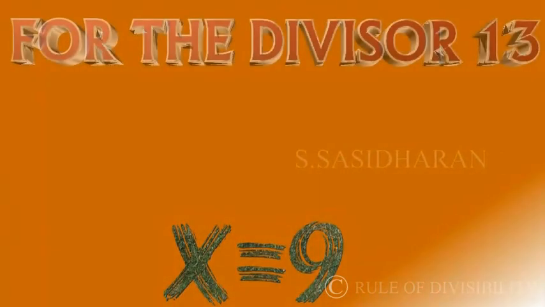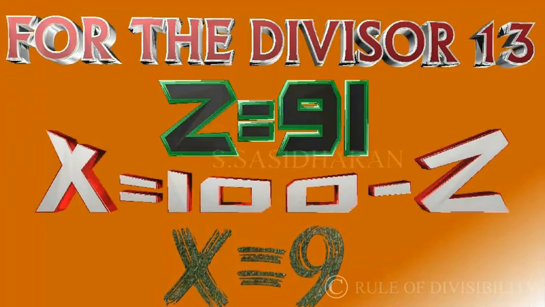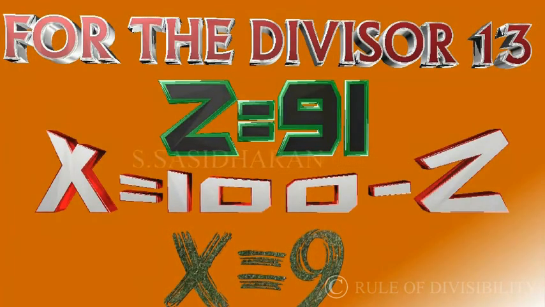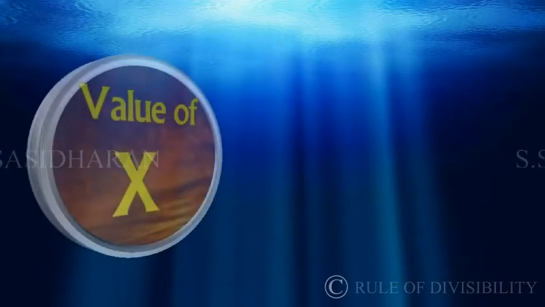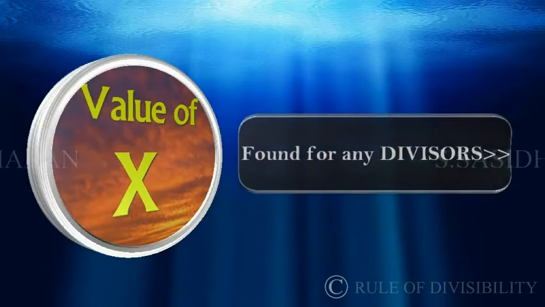And for the divisor 13, the number less than or nearest to 100 is 91, which is divisible by 13, which signifies that the value of X is 9 with the value of Z being 91. With those above examples, we have the inference that the value of the magical number X can be found for any divisor.